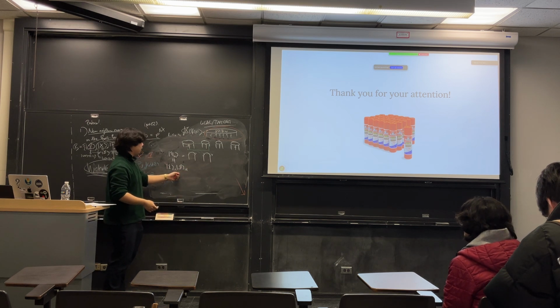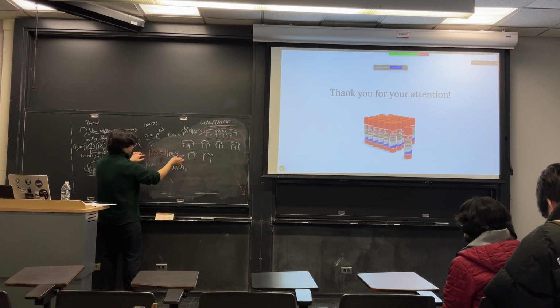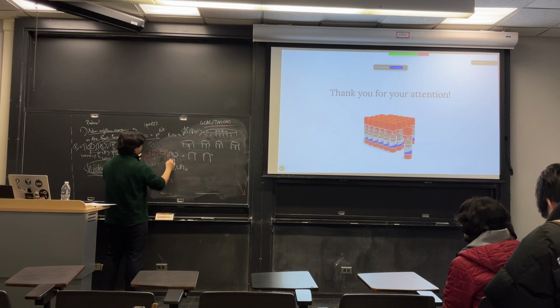But what happens is as you perform a measurement, you apply a projector onto the 1 state for 2 and 3. So you have 2, 3, and 2, 3.